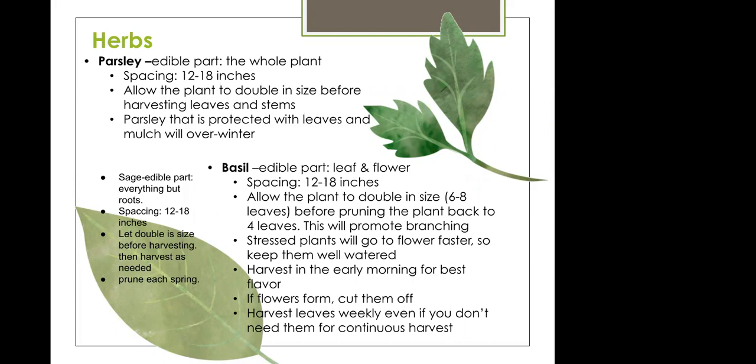One thing that you do want to be on the lookout for is your basil starting to flower. When your basil starts to flower, that means that it's not going to put energy into making the leaves taste good. So it's always good to prune off those flowers before they start to form.